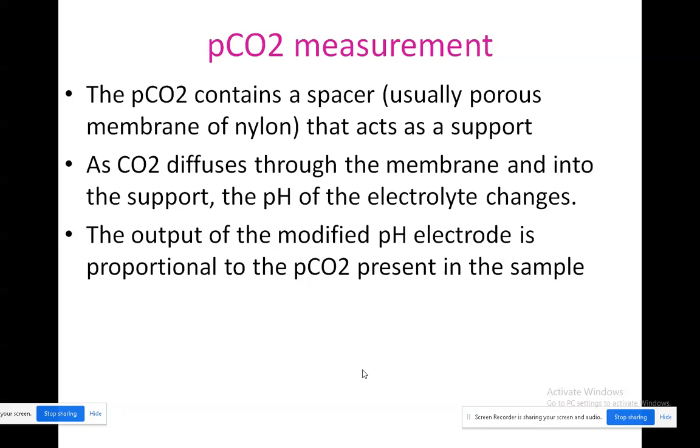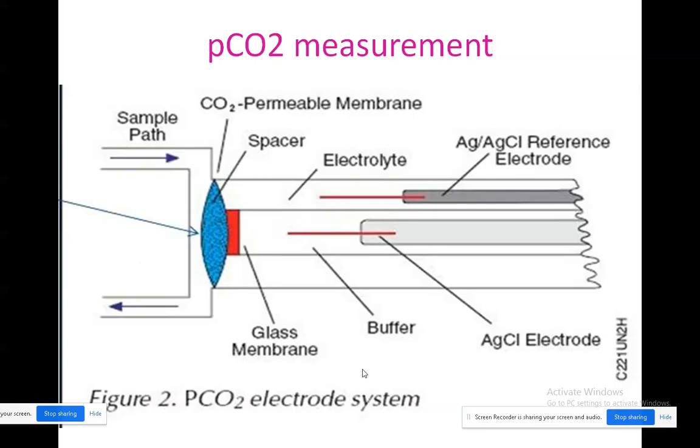It acts as a support for the meter. As CO2 diffuses through the membrane and into the support, the pH of the electrolyte will change. The diffusion of CO2 takes place across the membrane and in the support. This support is nothing but your spacer. Look at the picture: this is the spacer and the permeable membrane.